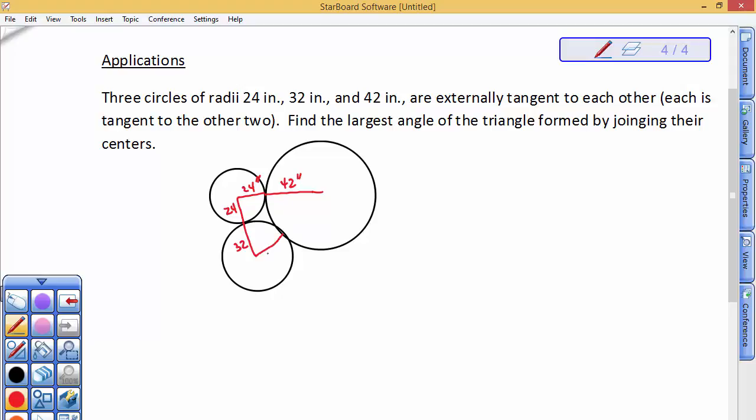And then this 32 plus this 42 totals to be 74 inches, and they want us to find the largest angle of this triangle. So you've got this triangle right here, you've got 66 inches, right here you've got 56 inches, and right here you've got 74 inches. So say this was called angle A, you want to find that because it's opposite the largest side. So you'd set this up, go for that right away, and you'd be all set.